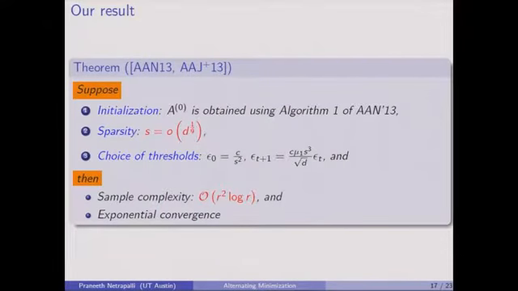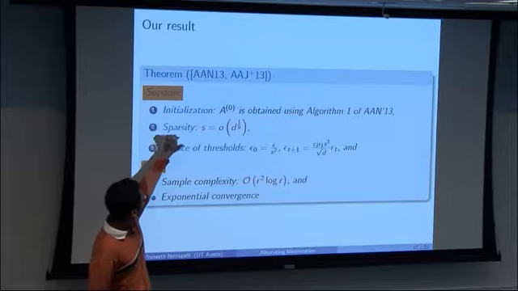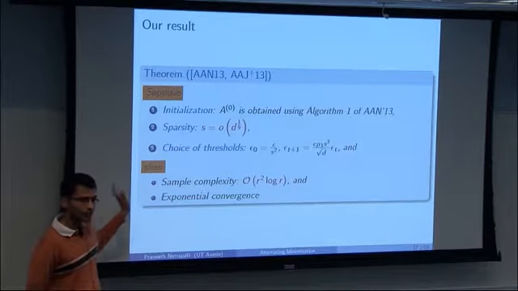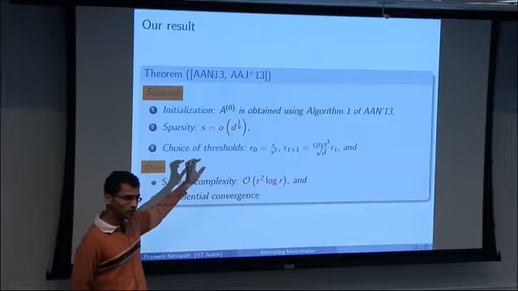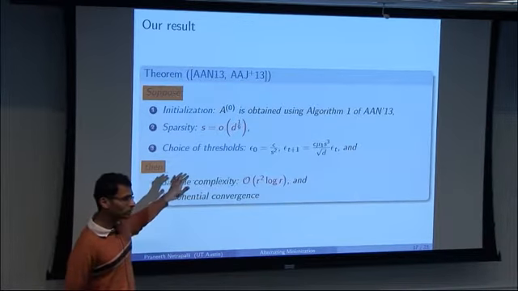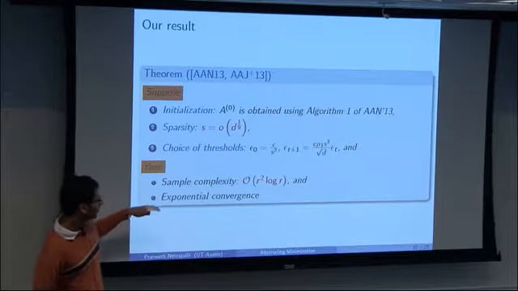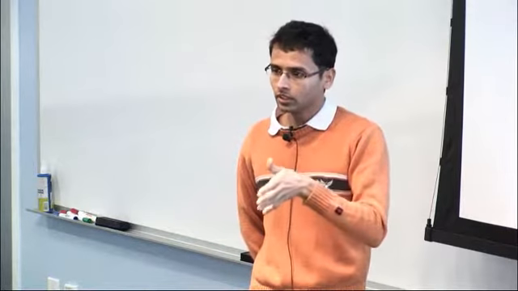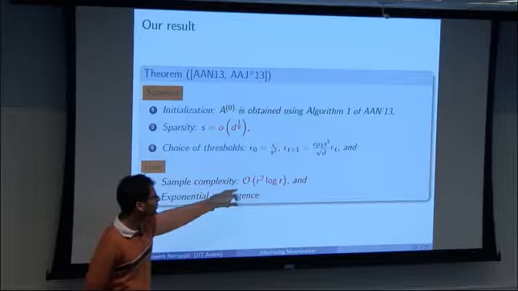Okay. So under these assumptions, our result says that if we initialize the alternating minimization algorithm using the clustering based algorithm I mentioned, and if the sparsity is at most d to the 1 over 9, and we choose the thresholds appropriately, then the sample complexity of this problem, which is the number of examples we need to see to recover the dictionary exactly, scales at most as r squared log r.